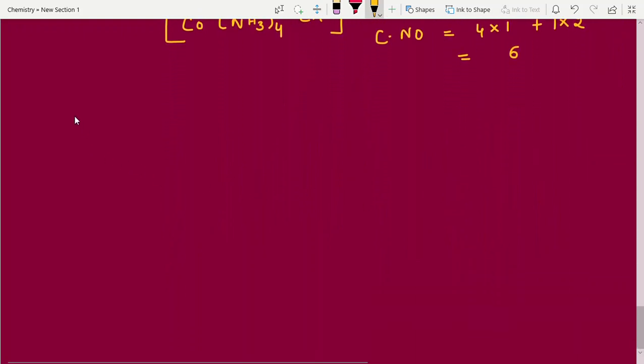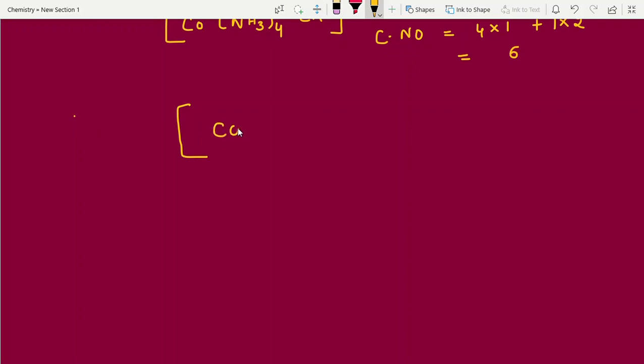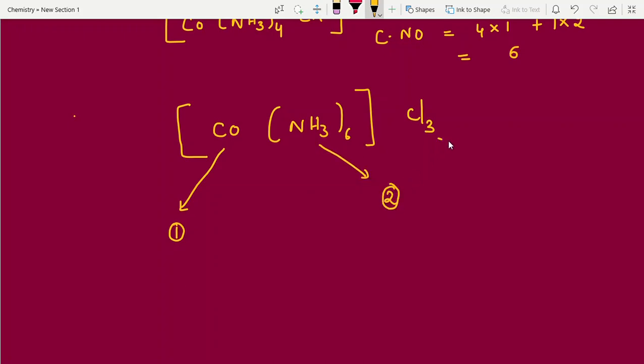Next, another important one, most of the students are confused about it. Same complex I am writing, Co(NH3)6 Cl3. Okay, this is which is ligand, which is central atom, which is counter ions. Like that, I am writing all the points. This is number 1, this is 2, this is 3.